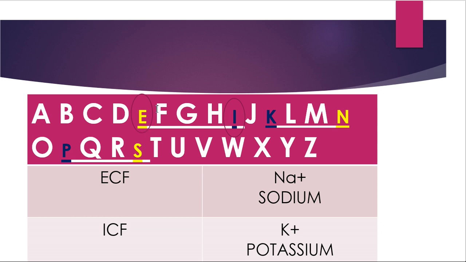Here E stands for extracellular fluid compartment, which contains sodium, and ICF, the intracellular fluid compartment, contains potassium. In the alphabetical order of the English language, E comes first as compared to I: ECF, then intracellular fluid.